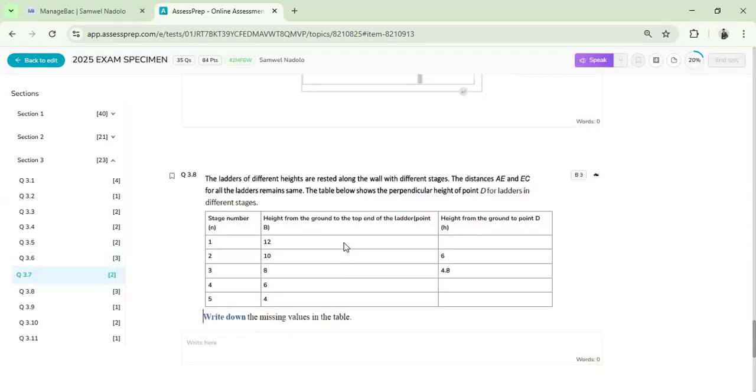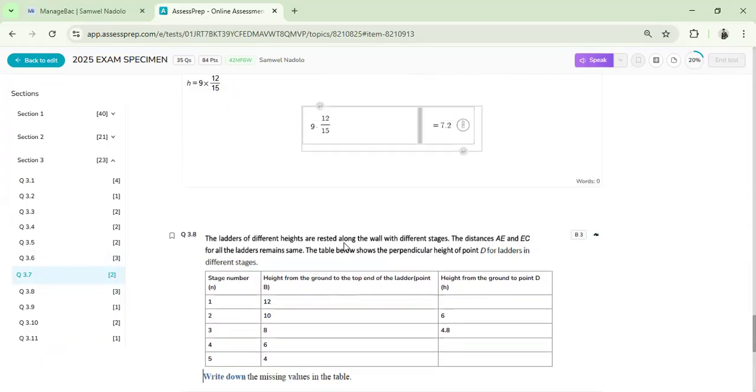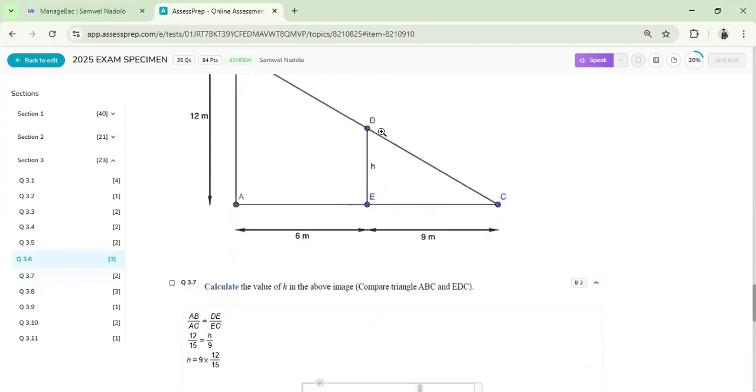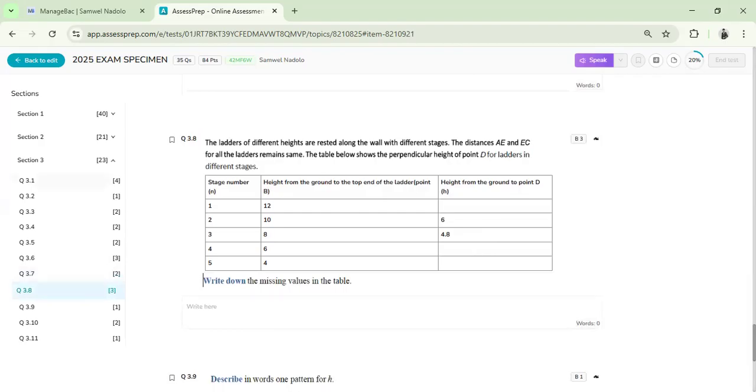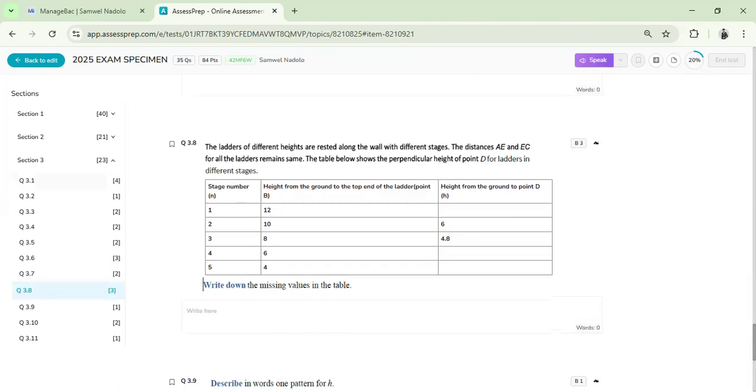All right, so we have calculated that when the height from point A to B is 12, h will be 7.2, the answer we've gotten here. So we can comfortably write that this is 7.2. So check the pattern from 7.2 to 6. What is the difference? You will subtract 7.2 minus 6, you get 1.2.